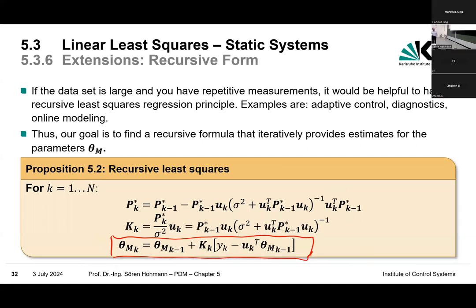But a very important question, and there is a problem with these equations, which should say there's a given P0, okay, and there's a given theta M0. We should add this.